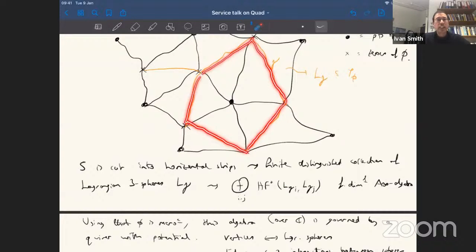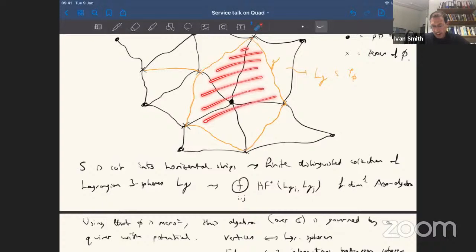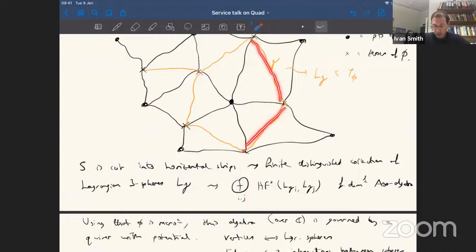They cut out some region in my Riemann surface S, and there's an obvious holomorphic disk sitting here downstairs in S, bound by this finite set of arcs. So I could think about sections of my bundle Y phi over S lying over that disk. Those would give me holomorphic disks in the total space whose boundaries lay on the Lagrangian three spheres associated to these arcs. Okay? And so those are certain holomorphic polygons that should contribute to this algebra.